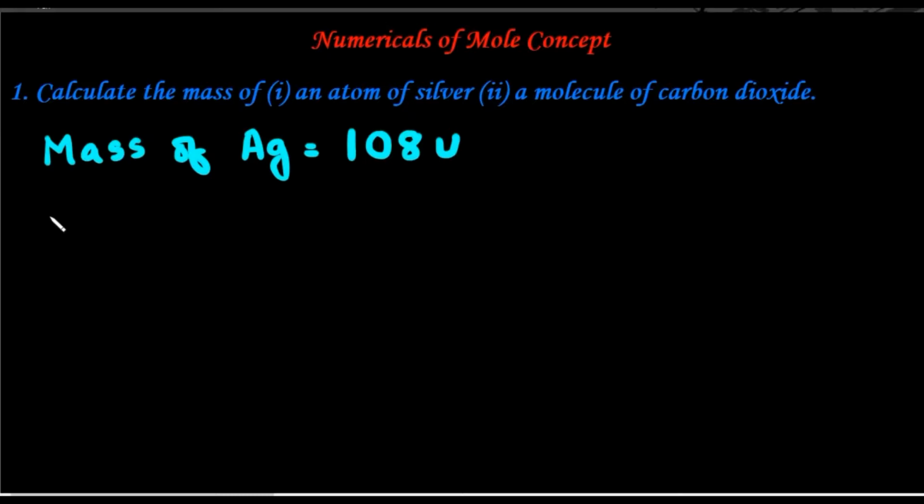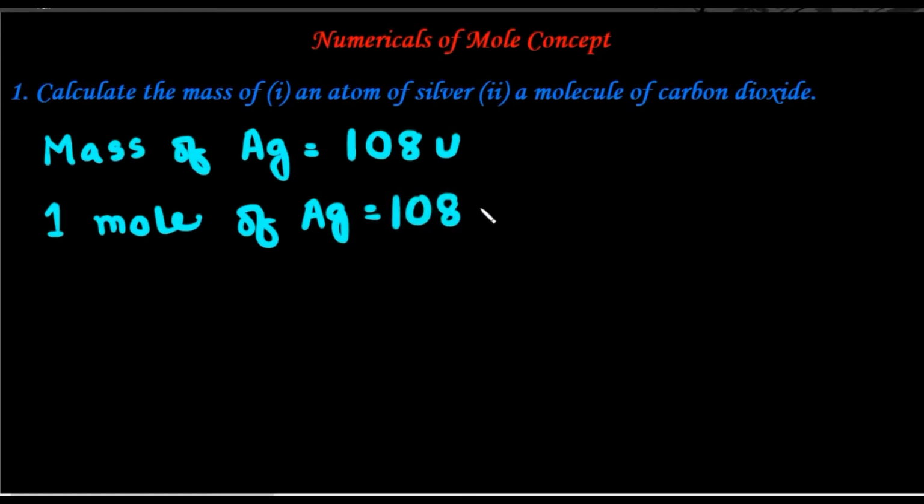Therefore, we can say that 1 mole of silver is equal to 108 gram, or we can say that 1 mole of silver is equal to 6.02 into 10 to the power 23 atoms.